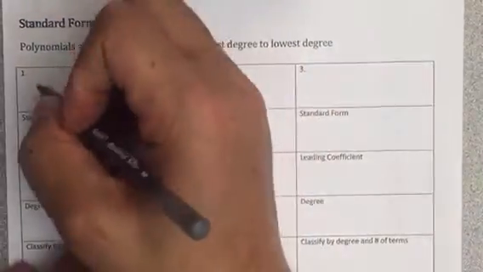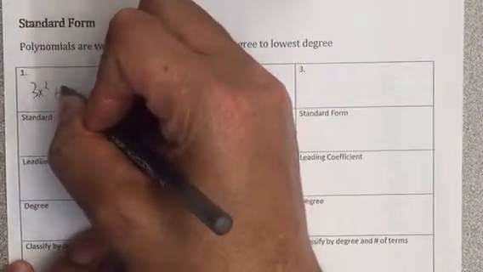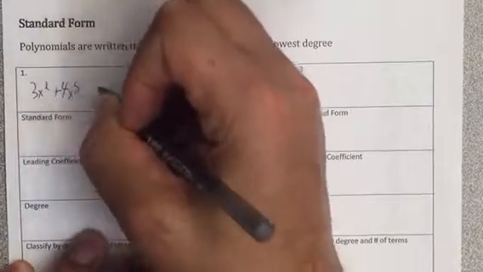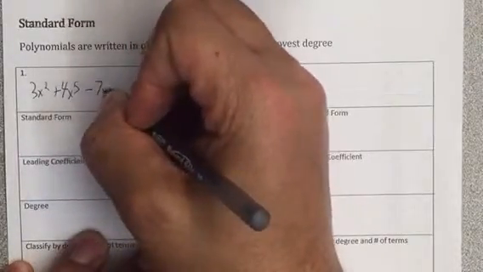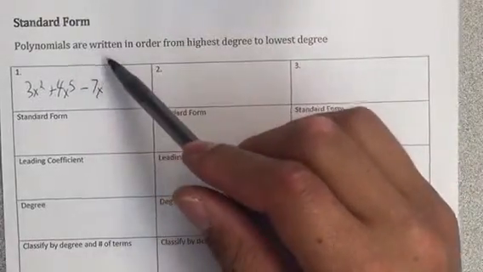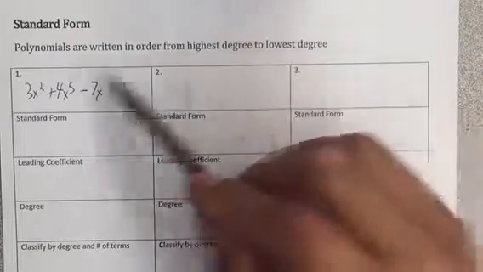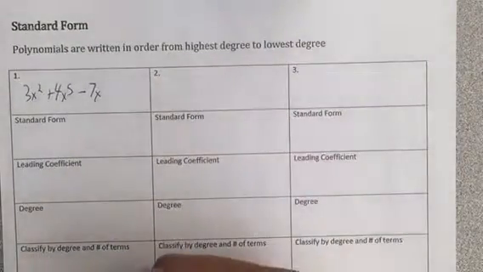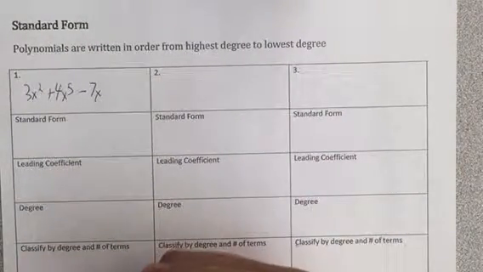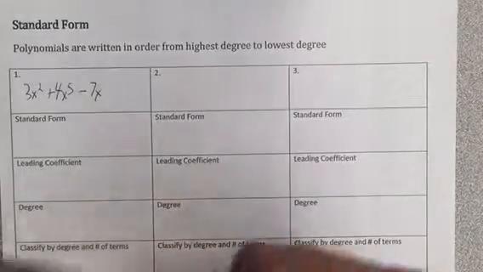So let's take this one for example. 3x squared plus 4x to the 5th power minus 7x. Now, as you'll see up here, it says polynomials are written in order from the highest degree to the lowest degree. Okay, and remember the degree was the exponent. So looking at number 1 here, what is the degree or the highest of these exponents?